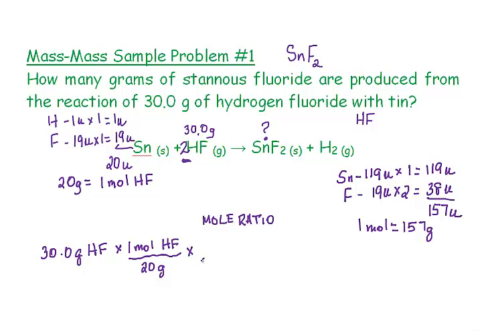I've got 2 moles of hydrogen fluoride for every, well, there's no coefficient right there, so it's understood to be 1, for every 1 mole of stannous fluoride. Hopefully you can see that moles of hydrogen fluoride have canceled out, and I've gone from the hydrogen fluoride that I started with to moles of stannous fluoride.